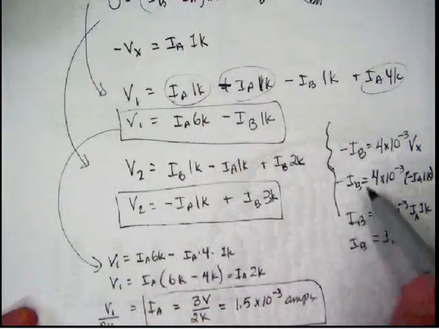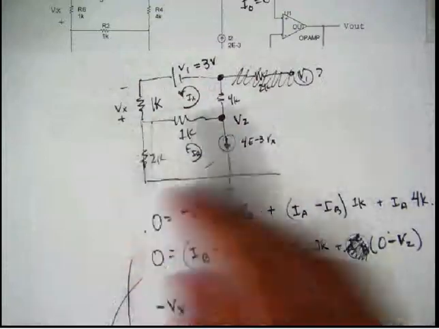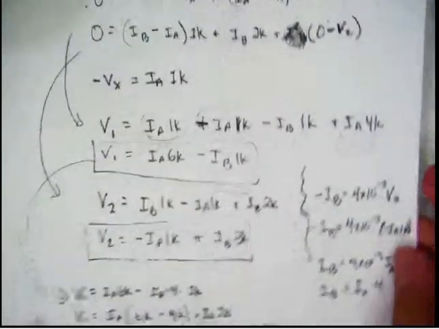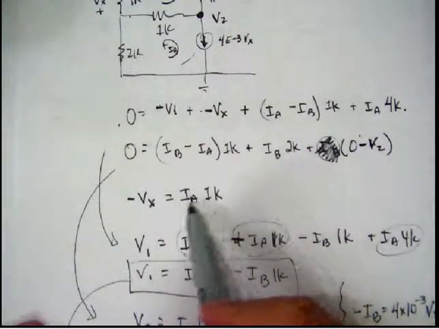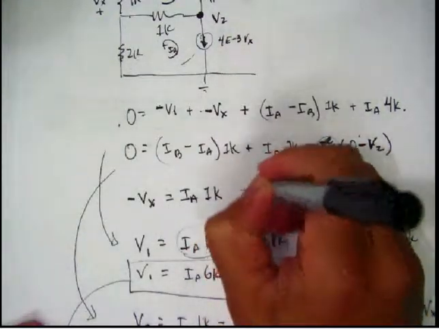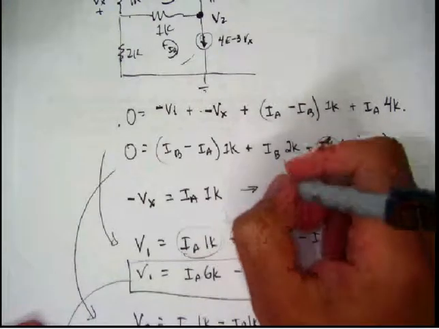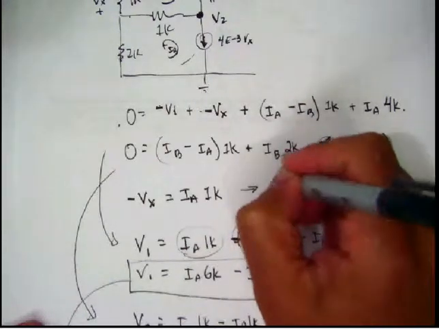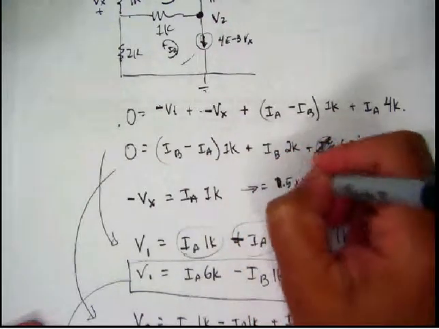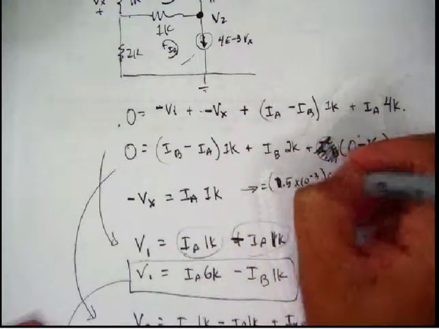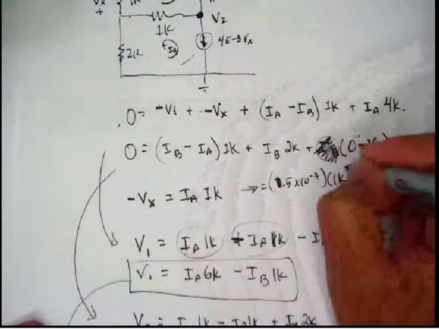And remember, ultimately what we need is the contribution to Vx. So we have that relationship right here. So IA is 1.5 times 10 to the minus 3 times 1K.